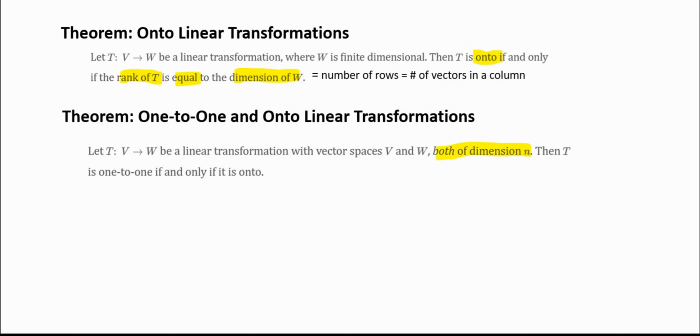If V and W have the same dimension, then T is one to one if and only if T is onto. So if the domain and the codomain are of the same size, then if you get one to one, you automatically get onto for free.